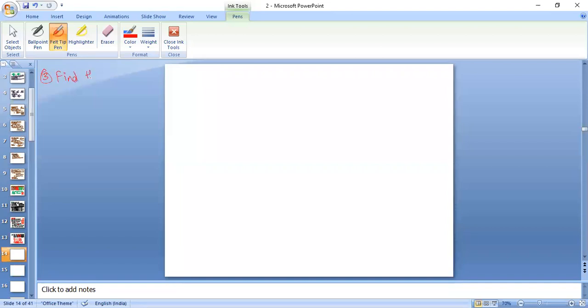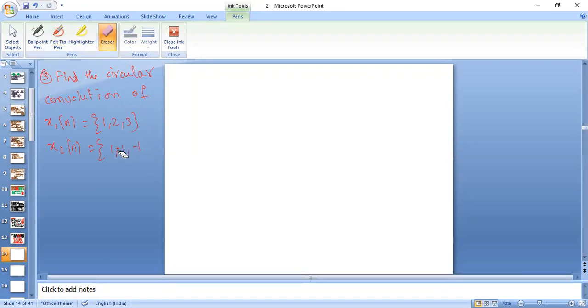Find the circular convolution of x1 of n is equal to 1, 2, 3 and x2 of n is equal to 1, 1 minus 1, 1 minus 1, 0 minus 1, right?